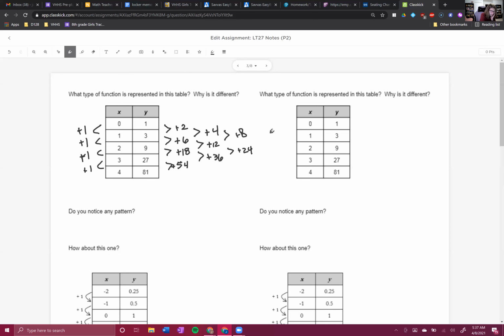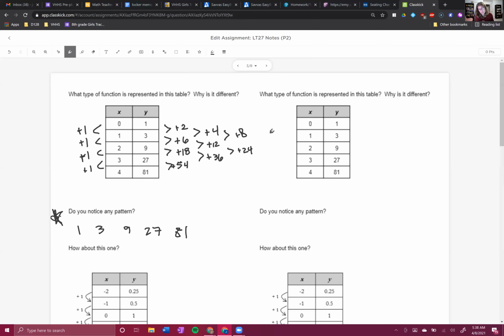So a question I'm going to ask you is, do you notice a pattern? I want you to get out of the mindset of what we've been doing for 10 minutes here and relook at these y values. 1, 3, 9, 27, 81. Is there something else that you know about these numbers?